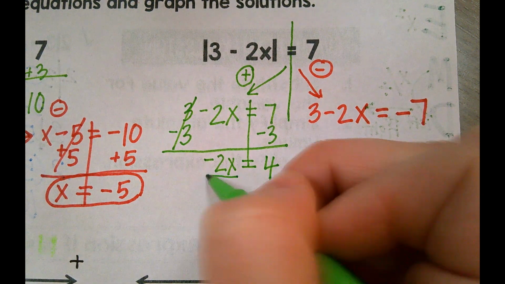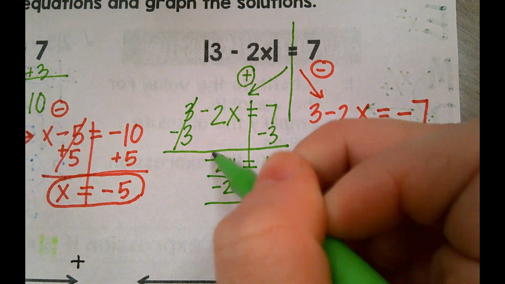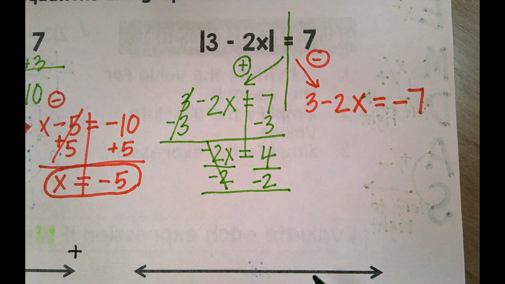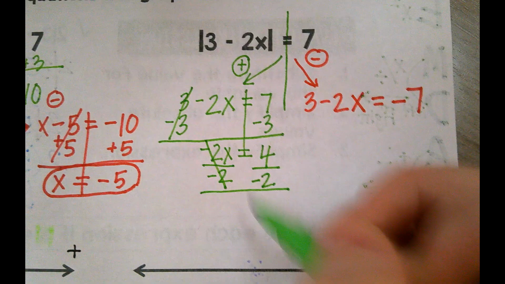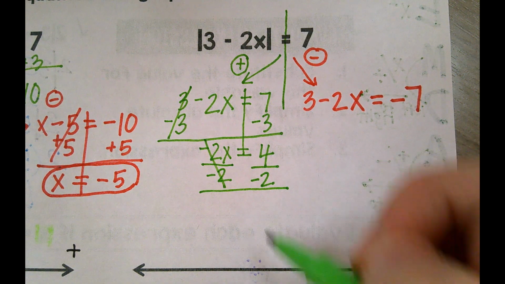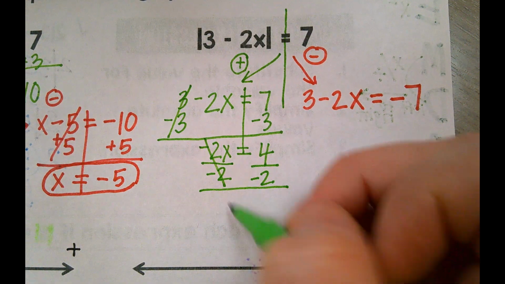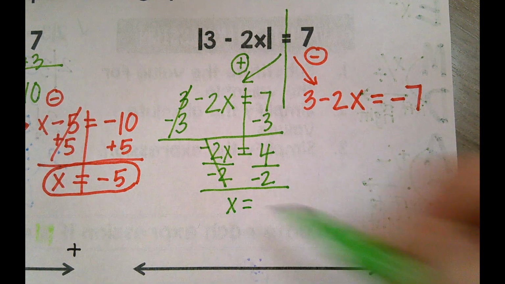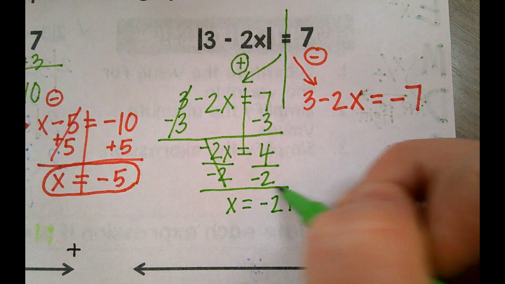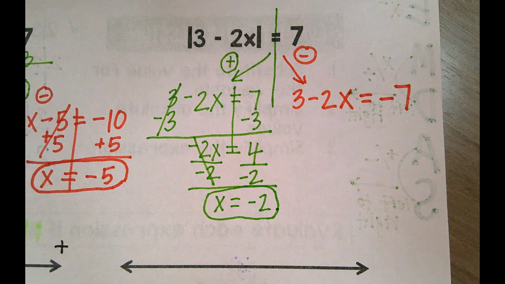Divide -2 on both sides. So what do we get? X is -2. Perfect. So I found one of my x values.